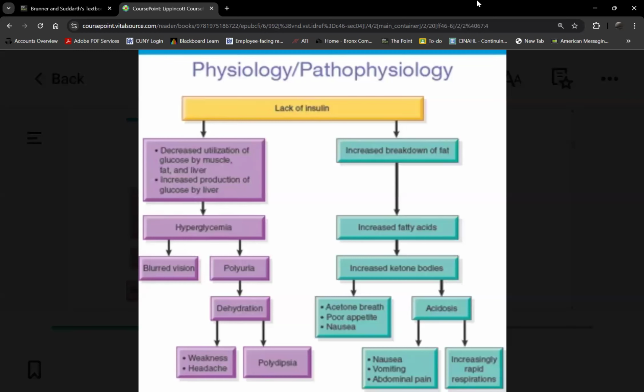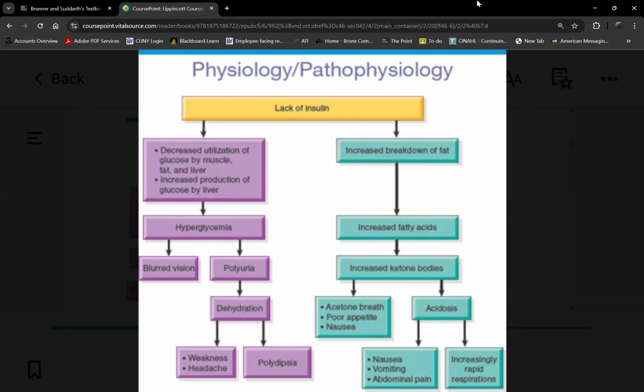It will be, no, you just said that type 1 has no insulin, type 2 has not enough, and there is insulin resistance. So if we change this to HHS, what will this top figure say? Not enough insulin. Okay, so this will say inadequate instead of lack, right?